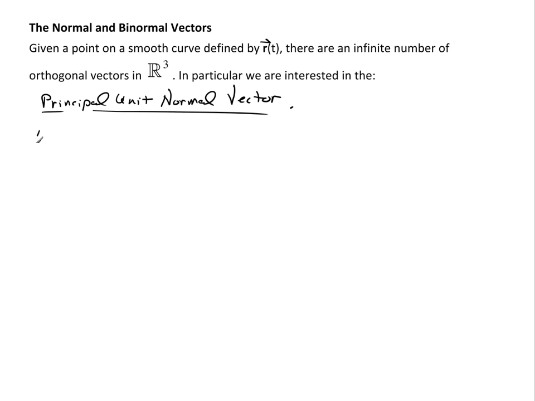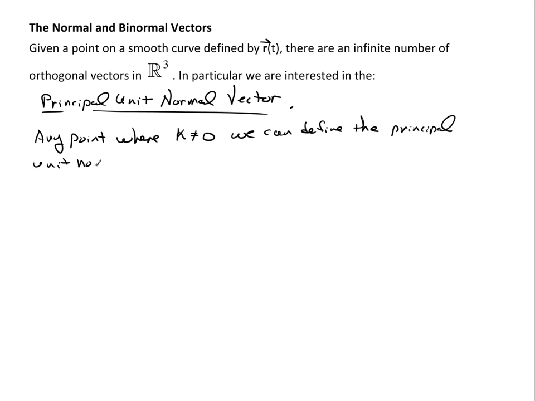Now, any point where kappa is non-zero, remember kappa is the curvature, we can define the principal unit normal vector as N of t equals T prime of t over the magnitude of T prime of t.